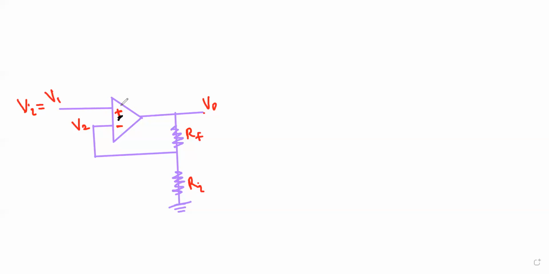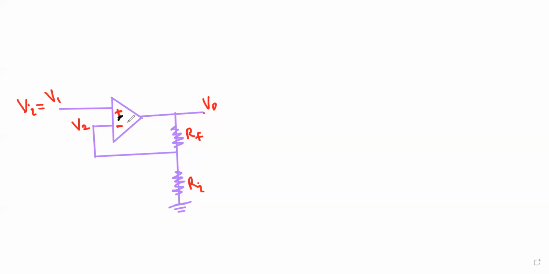Since this is a non-inverting amplifier, we are going to directly give the input to the non-inverting terminal. And the next step is, we are going to give a negative feedback. Always remember, for many types of applications we use negative feedback. The reason is, only if we give negative feedback will the plus voltage and the minus voltage be equal.